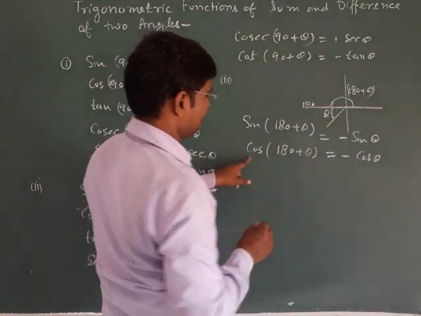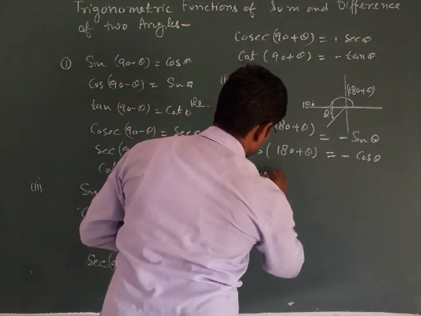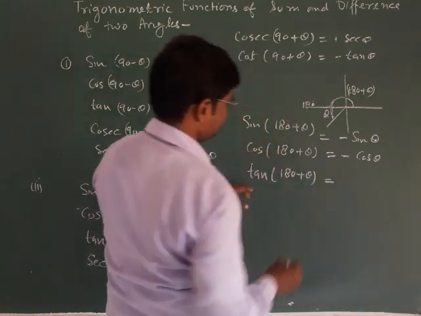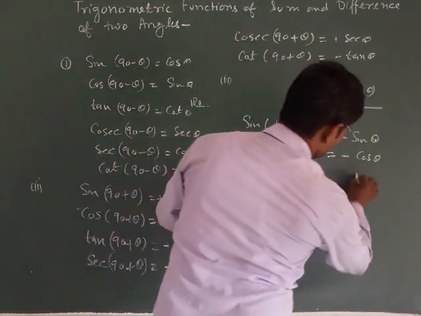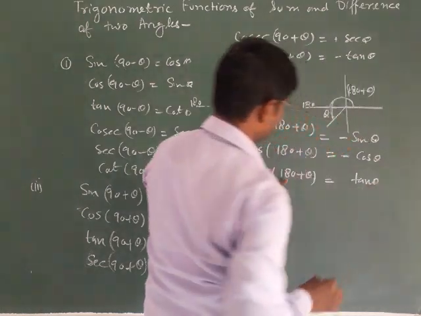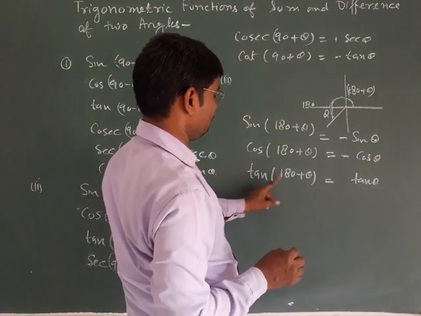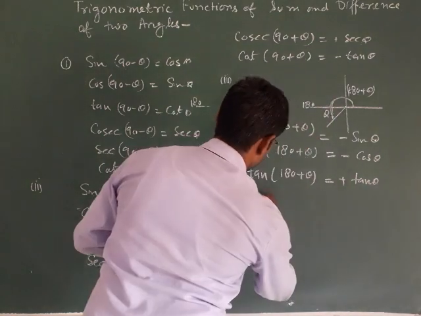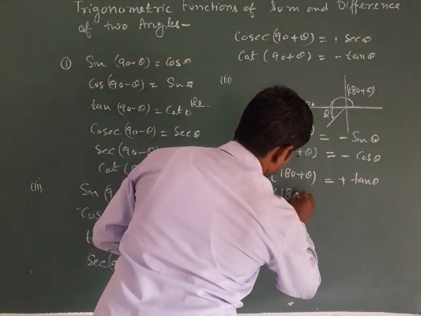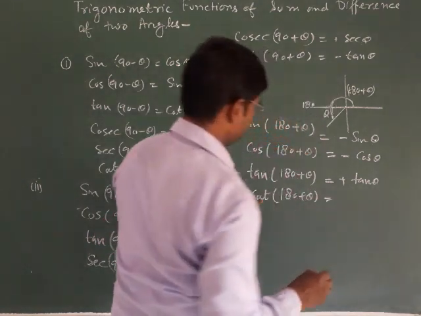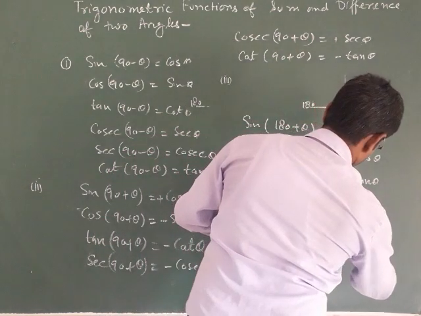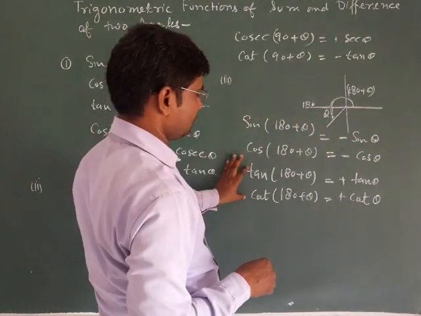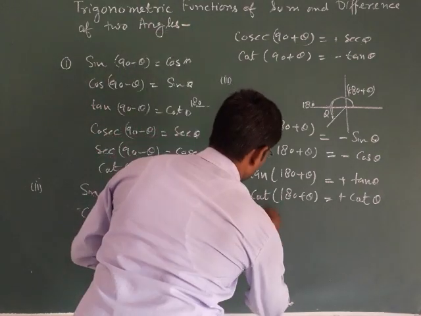Tan of 180 plus theta is tan theta, because at 180 there is no change in ratio, and this is positive. Cot of 180 plus theta is equal to cot theta, a positive value in the third quadrant.